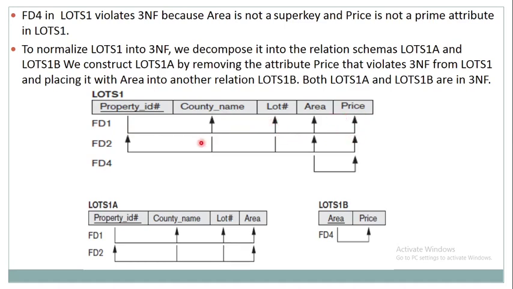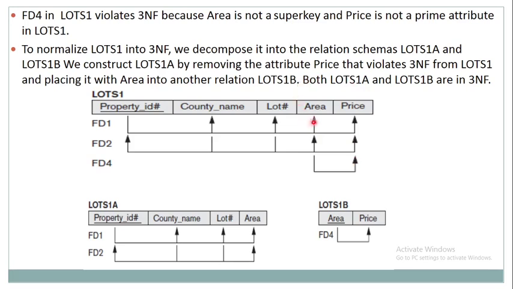And county name and lot number determine property ID, area and price. Now just look at FD4: area in turn determines price. County name and lot number determine area, and area in turn determines price. So there is a transitive dependency here.